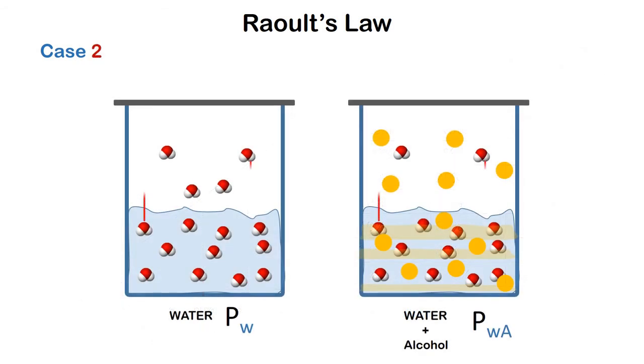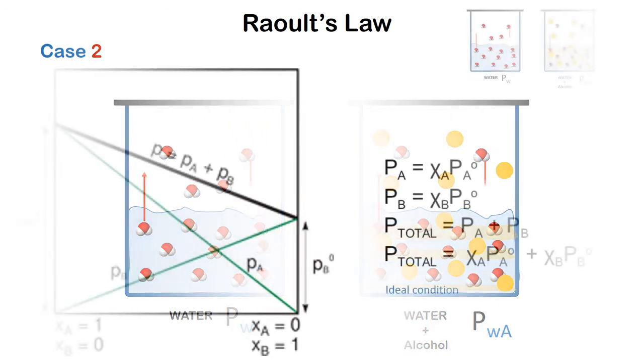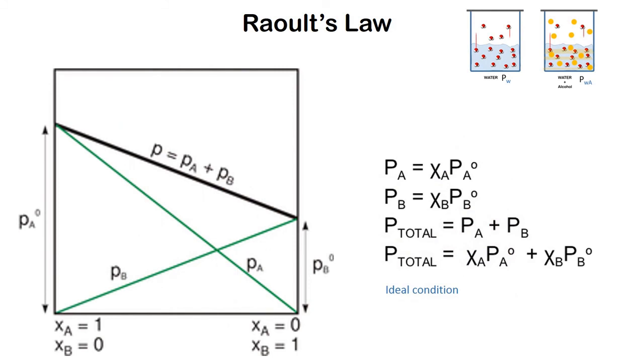In the second case, we consider a solution of water and alcohol. Here in the vapor phase, we now have fewer molecules of water, but we now have molecules of alcohol in the vapor phase. So the total vapor pressure of this solution is the sum of the vapor pressure created by the alcohol molecules and the vapor pressure created by the water molecules. And this is what Raoult's law states.